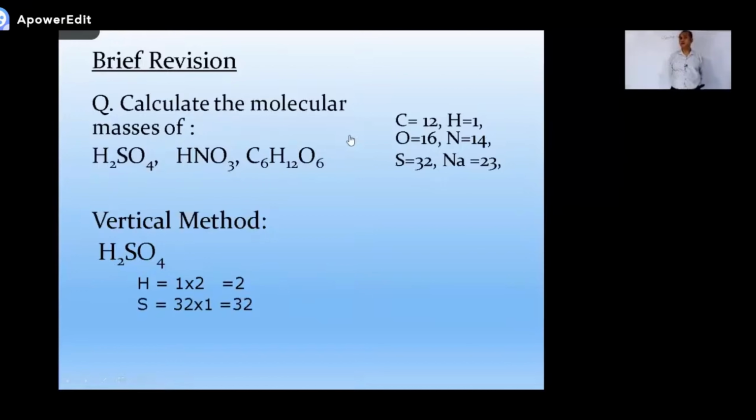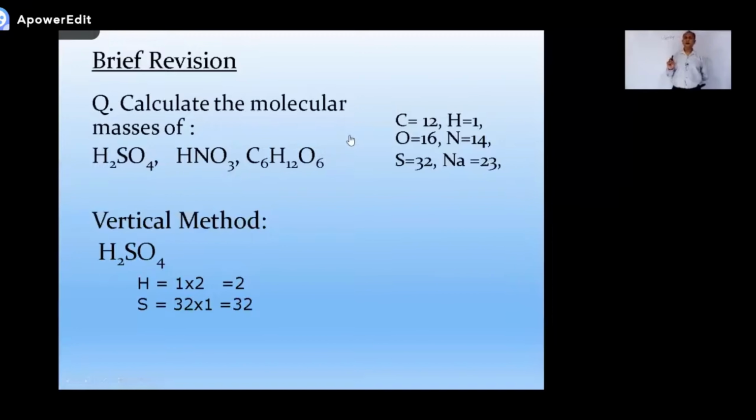How many sulfurs? 1. How can you find that there is only one sulfur? Because there isn't any subscript. Subscript means the very small number written at the bottom. So there isn't any subscript written there. It means 1 is there. So 32 ones are 32.